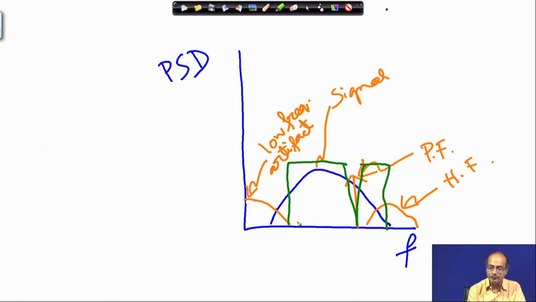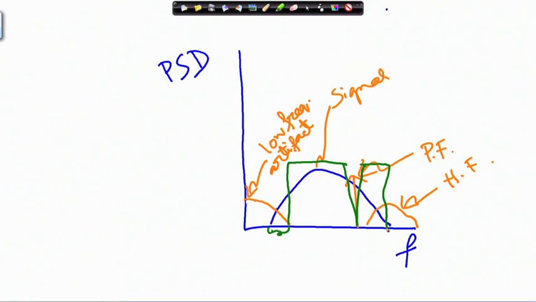Here we wanted to avoid the low frequency artifact completely, and by this choice we are eliminating that. But as a result, in this band there is some actual signal energy also, and we are losing that. Now, that is certainly not desirable.